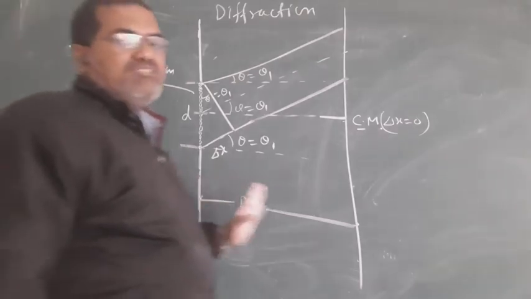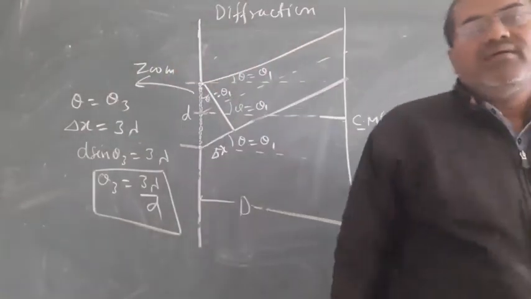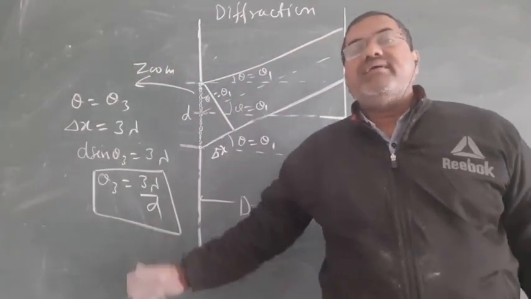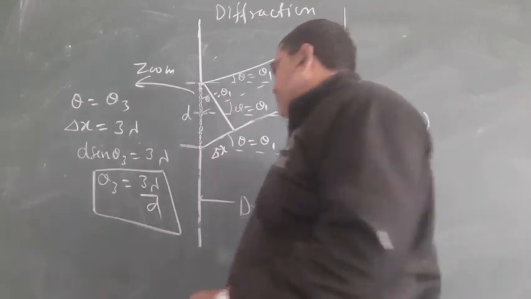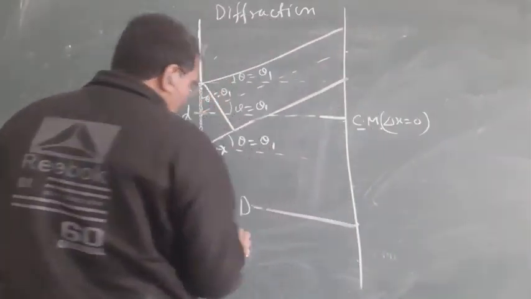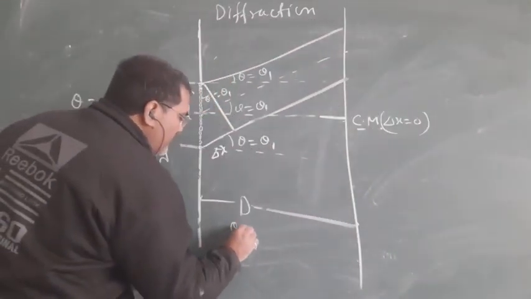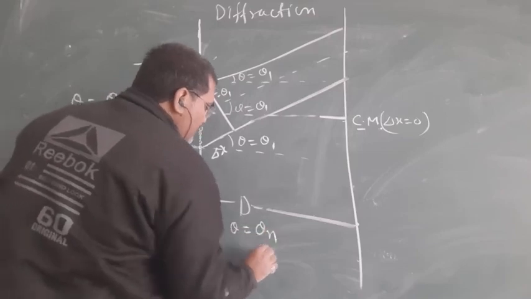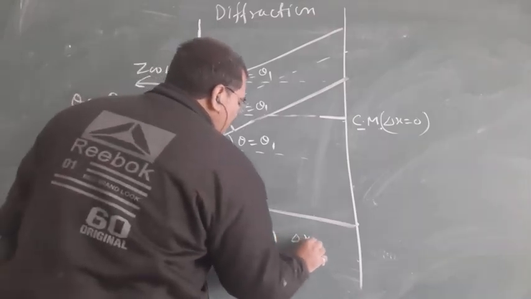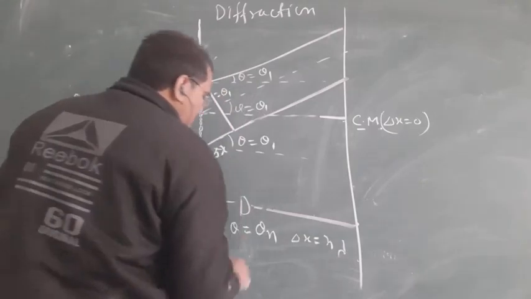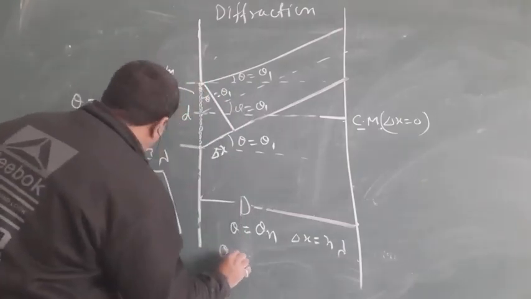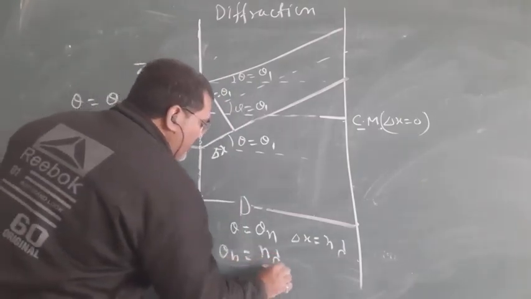Theta 3 is very, very small. So you can generalize it. How? If theta equals theta n, say delta x equals n lambda, so theta n equals n lambda by d.